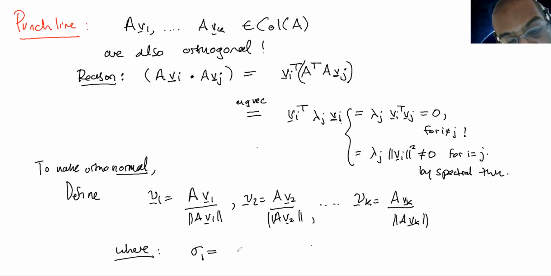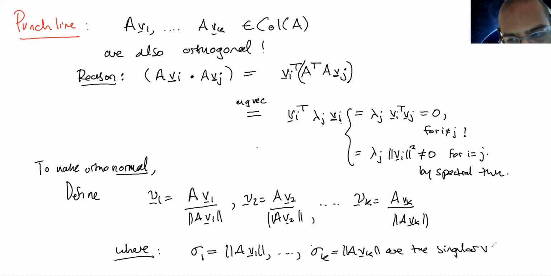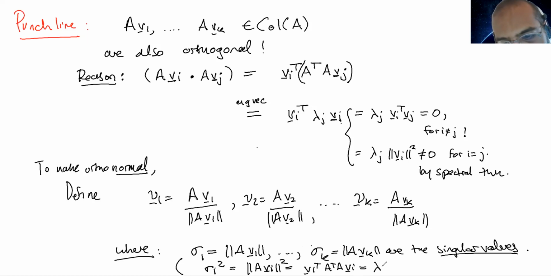These are called the singular values, sigma. And how do you compute them? There are many ways. One is you just note that the square of the ith singular value is the norm of A Vi squared, which is Vi transpose A transpose A Vi, which, since Vi is an eigenvector, is just lambda i. So these numbers are just the square roots of the eigenvalues of A transpose A.